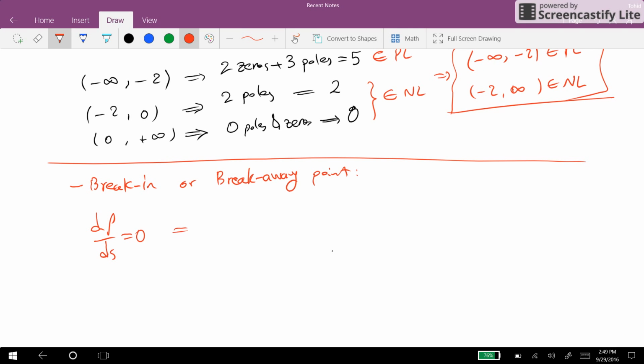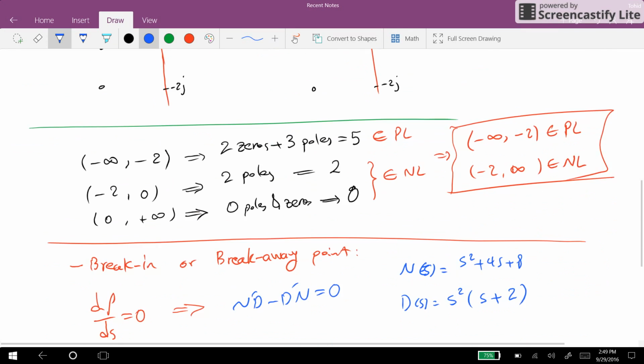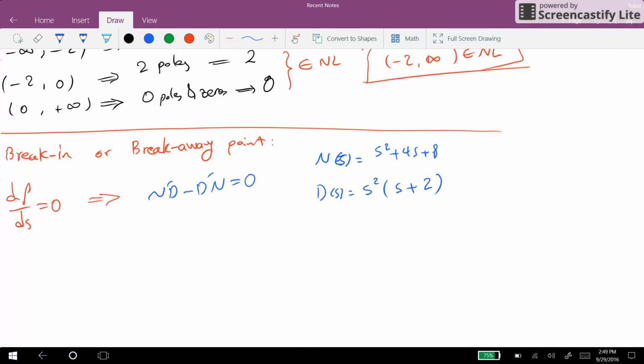And this is equivalent to, as you should already know, n prime d minus d prime n equal to 0. We have n of s equal to s squared plus 4s plus 8, and we have d of s equal to s squared times s plus 2. So this comes from the transfer function that we have for our system.